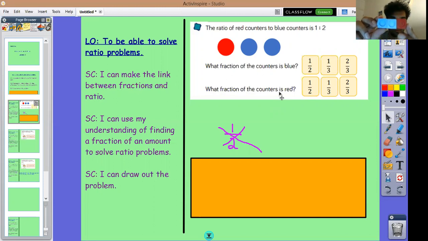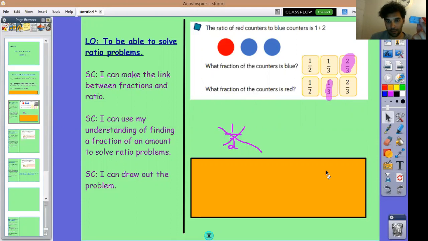I've got 1, 2, 3 counters. So how many are blue? It's going to be 2 out of 3. So I'm just going to highlight 2 out of 3. Really important to remember this. And then what fraction is red? I've got 1 out of 3 instead. So I'm going to highlight that one.